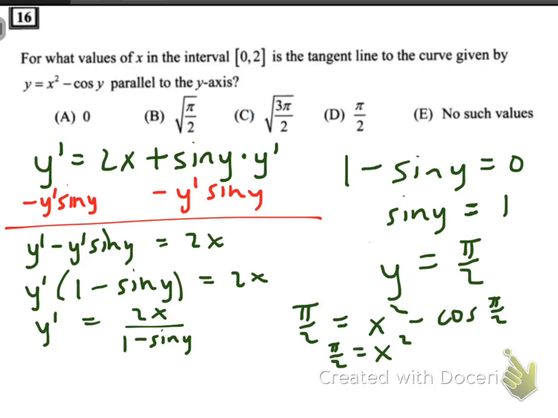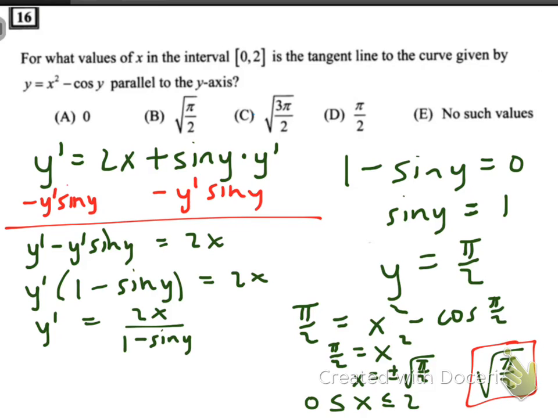If x squared is pi over 2, then x must be plus or minus radical pi over 2. But we're told that x has to be on the interval from 0 to 2, and the only value that we got in between 0 and 2 is radical pi over 2. And so that's our answer, B.